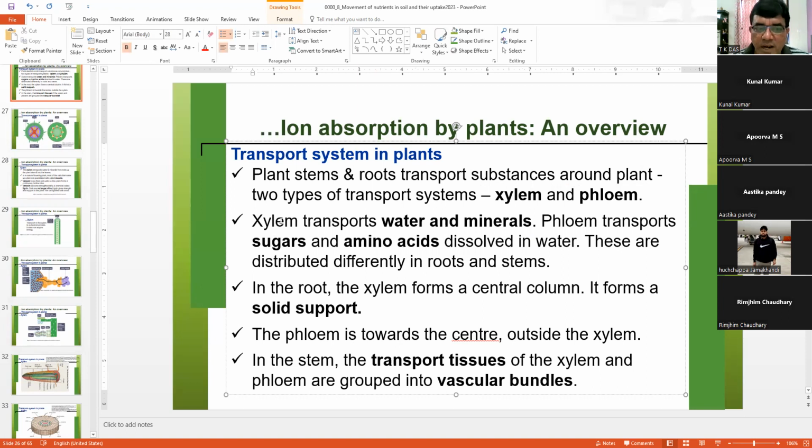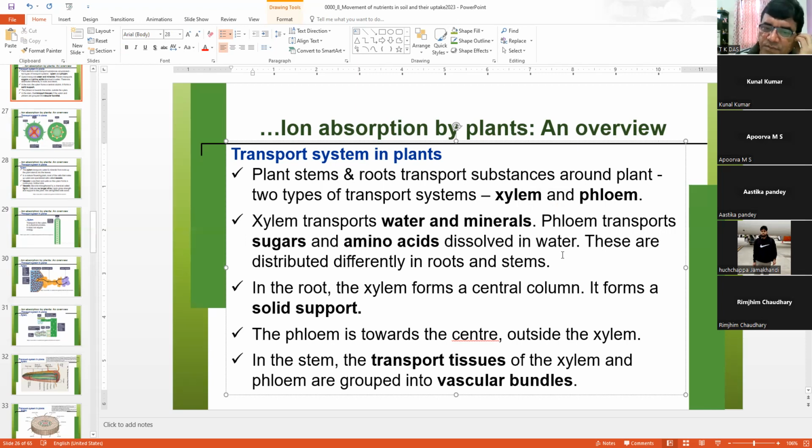Xylem transports water and minerals, as is clearly known to you. Phloem transports sugars and amino acids dissolved in water. In soluble form, they are transported by phloem. Or you can say synthesized food materials are transported by the phloem, and raw materials like minerals and water are transported by xylem. These are distributed differently in roots and stems.